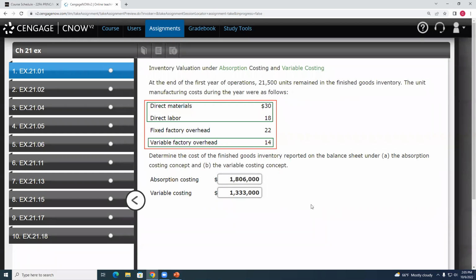Their inventory can't go down, it can only go up. This may be too high, it may not be, we don't know because we don't have any other information about their process. But if they only sold 40,000 units and they ended up with 21,000 still in inventory, that's probably not a good way of running the company.